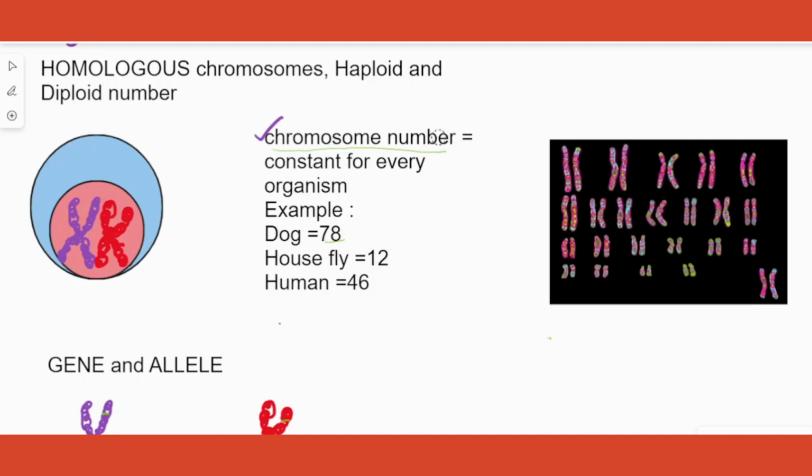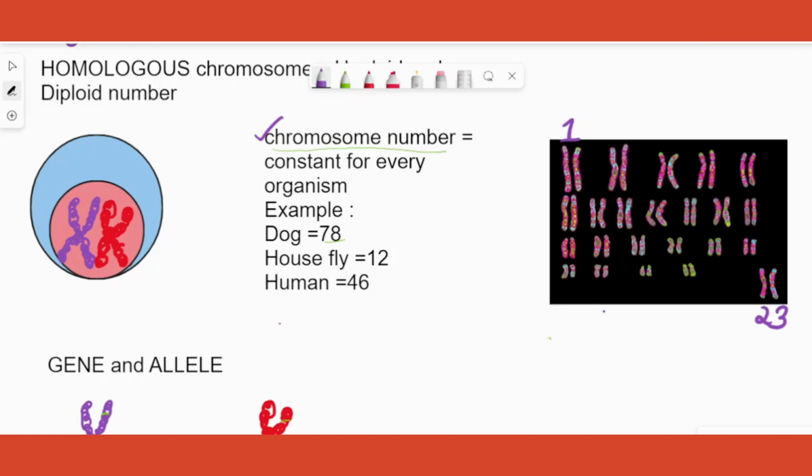That is the chromosome number of that particular organism. I have put up the diagrammatic representation of chromosomes in human. You can see that they are not numbered 1 to 46. Instead, they are numbered as pairs: pair number 1, pair number 2, pair number 3, up till 23. You can count and check.